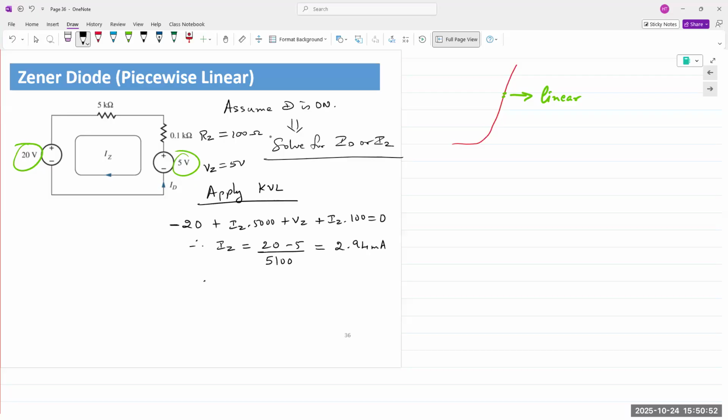And our conclusion is that IZ is greater than 0. Therefore, the assumption is valid.